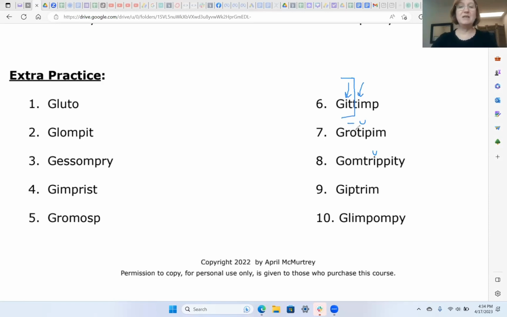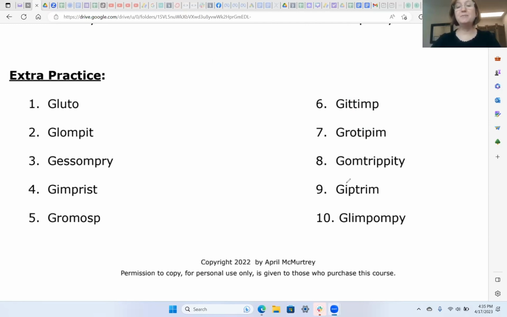It has to be in the middle of at least 3-syllable words for that I to make that short I sound always. So if it's in the middle syllable, then it will say the I sound. So this is grotipim, and this is gomtripity. Gomtripity. It's fun to say.